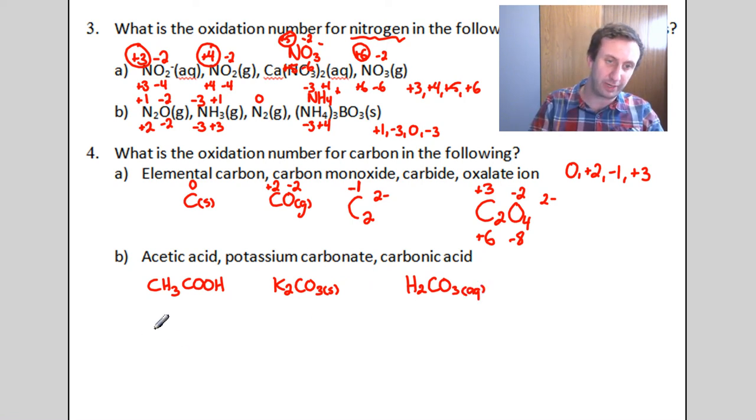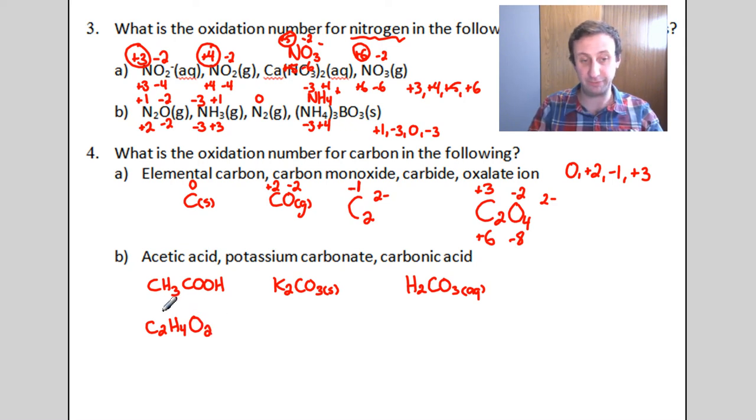I actually want to rewrite acetic acid as C2H4O2 because we're going to treat every atom of the same element as being the same. So for hydrogen, I know that's positive 1. Oxygen is negative 2. So I have positive 4 from hydrogens, negative 4 from oxygen, which means that carbon ends up being 0, which is okay.